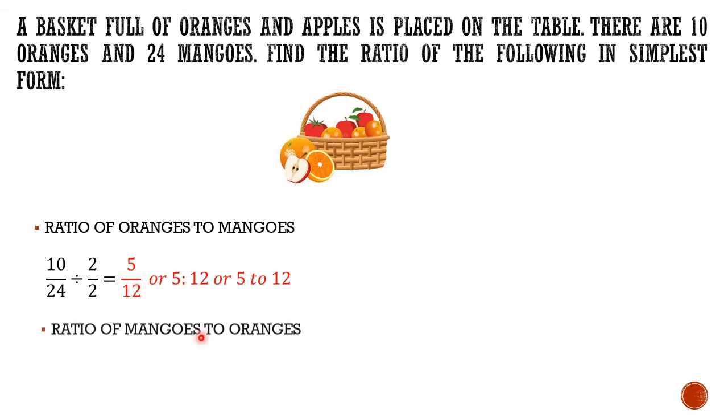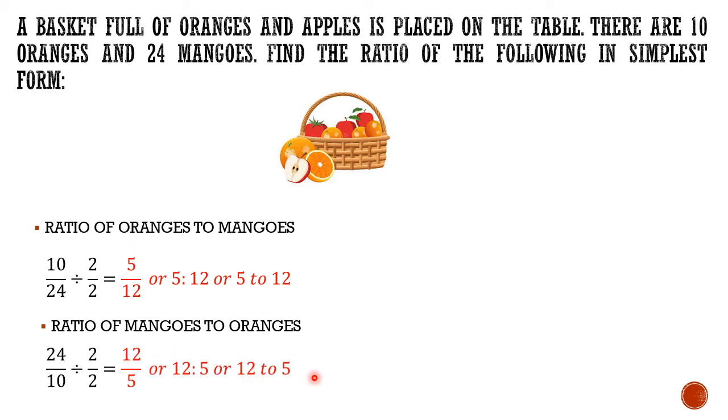What about the ratio of mangoes to oranges? We just get the reciprocal of this one because it is oranges to mangoes. So what we need to do is to find the ratio of mangoes to oranges. So just the reciprocal or kabaliktaran lang nito. Third is the ratio of mangoes to total fruits.